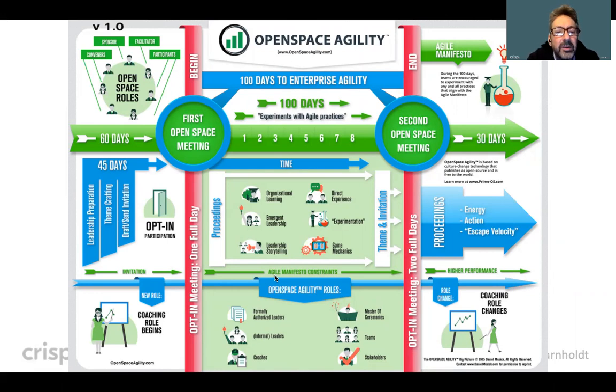This is the main picture on that website, and it's clickable, so you can read about all the details. The overall structure is that you transform your organization by running open space regularly, similar to how we use open space in CRISP or at the clients I've been talking about, having open space regularly and doing experiments in between.